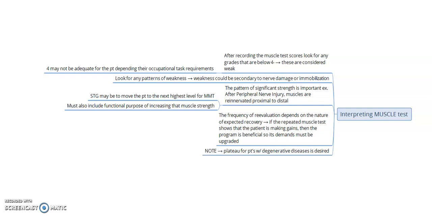The pattern of significant strength is important because after a peripheral nerve injury, muscles are reinnervated proximal to distal. The frequency of how often you would reevaluate a patient depends on the nature of expected recovery. If the repeated muscle test shows that the patient is making gains, then the program is beneficial, so its demands must be upgraded.